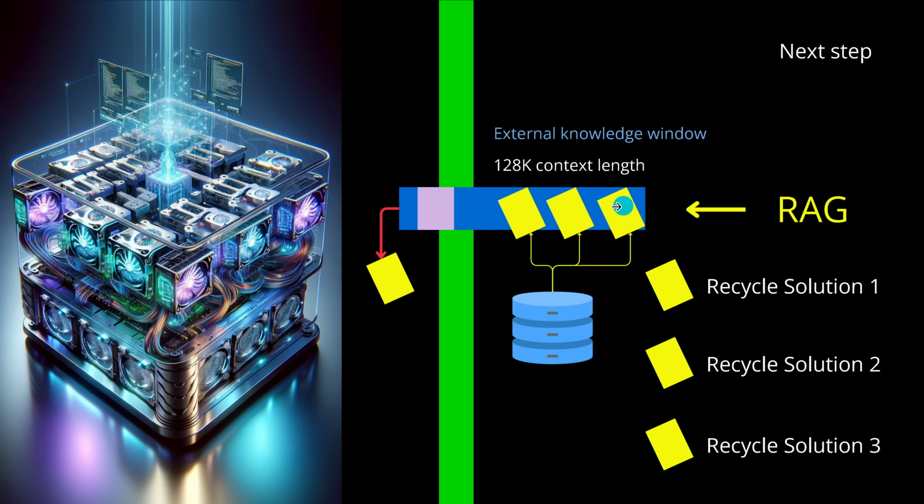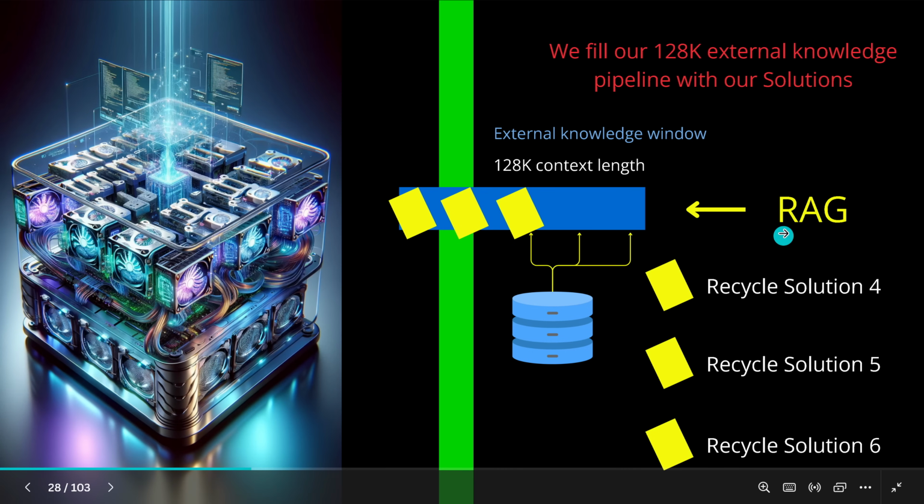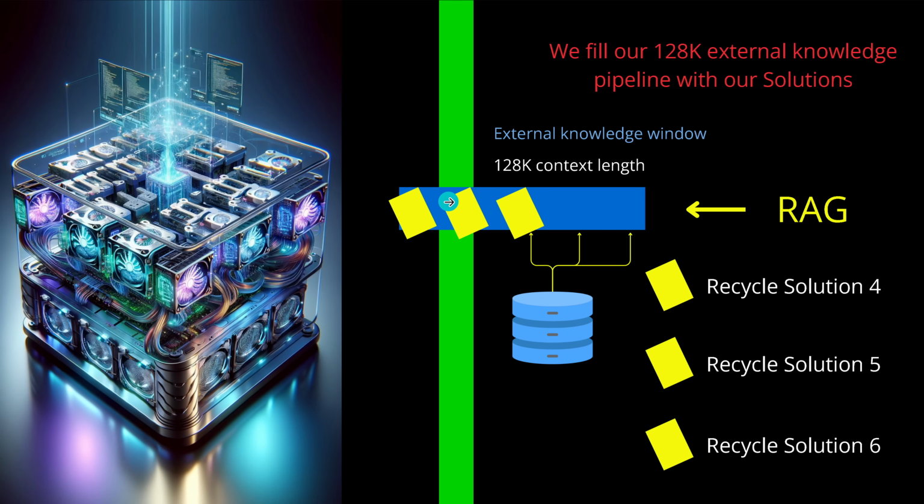And every time it moves through and falls out, it's fed back, and the database decides now it's time to feed it back into the loop. And you see what's happening next. We fill our 128K external knowledge pipeline with our handmade solutions. And the next solutions, 4, 5, and 6, are already waiting. So we fill up our pipeline, which is not what we want.